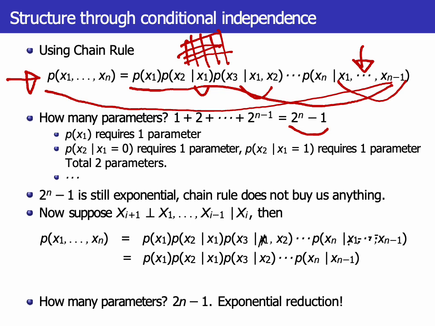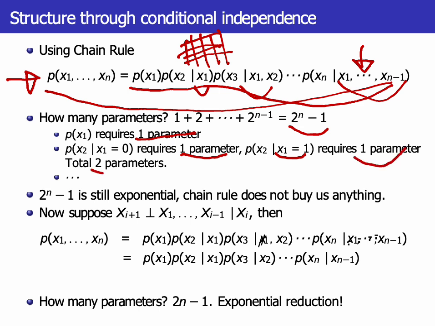And you need these parameters. So P(x1) requires 1 parameter. P(x2 | x1 = 0) requires 1 parameter. And P(x2 | x1 = 1) requires 1 parameter.